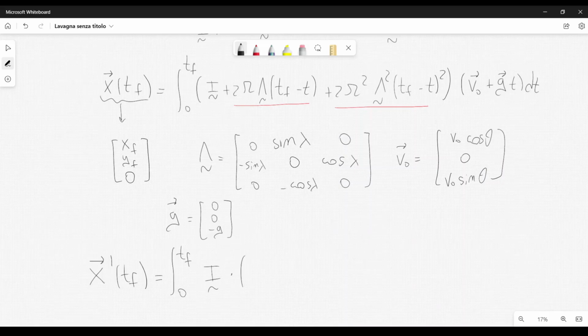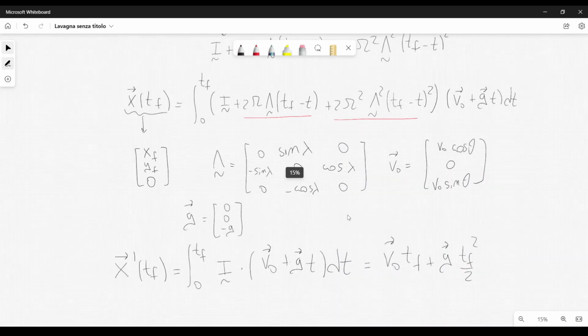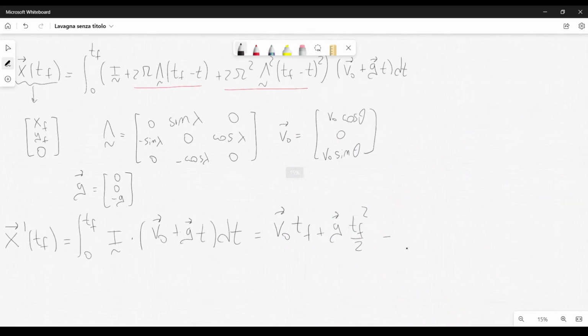This would multiply v0 plus gt dt. And it's actually very easy to calculate because this is v0 tf plus g times tf squared over 2. And if we write it by using components, this would simply be v0 cosine theta tf, 0, and the z component is v0 sine theta tf minus g tf squared over 2.